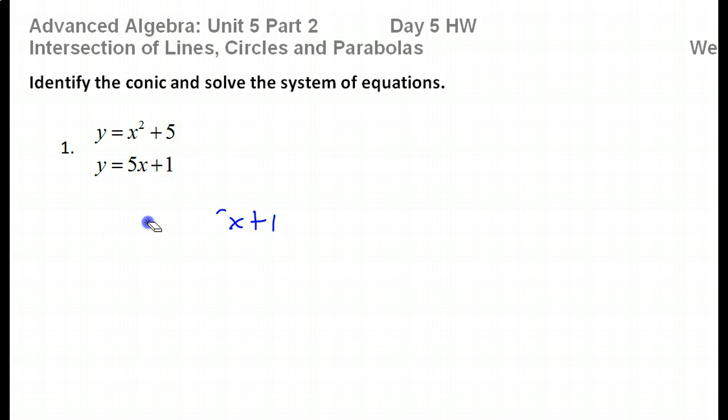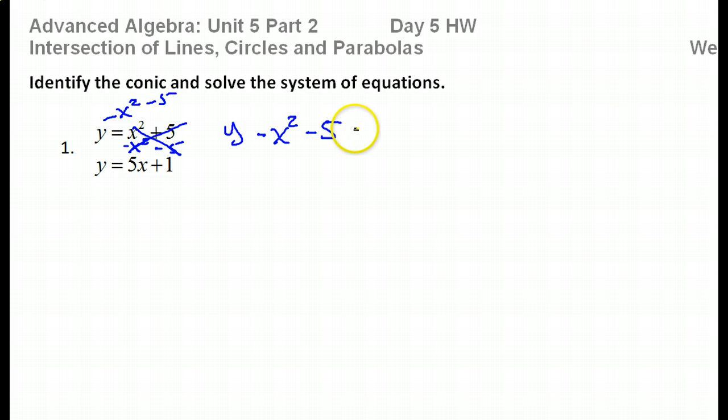In general though, you have to get everything on one side and set it all equal to 0. So in general, you would have to, for example, subtract x squared from both sides and subtract 5 from both sides. That way you'd have 0 over here. So the top equation would become y minus x squared minus 5 is equal to 0.